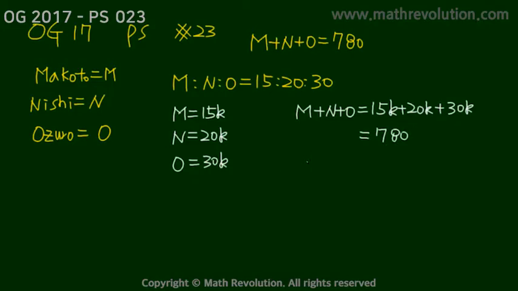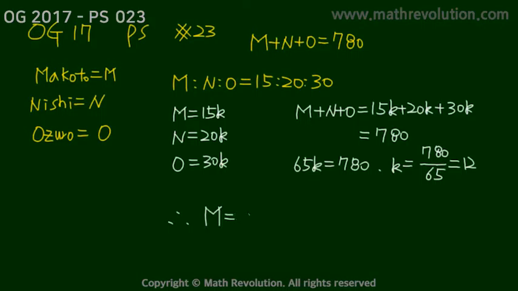So the sum of the three is 65K, and this is equal to 780. So if we divide by 65, K is equal to 780 over 65. And if you do the math, this is 12. So the question was asking for M. So M was 15K. And since we have K, which is 12, we can get 180. So the answer for this question is choice D.